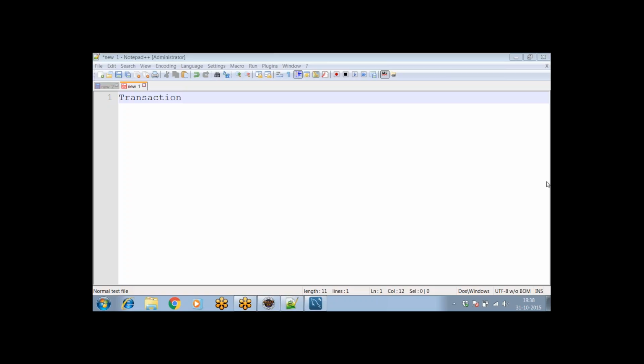Okay. So that we call it as a transaction. So I got one answer as interaction between the objects. So any other answer?